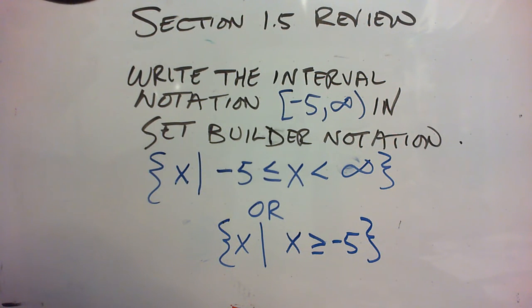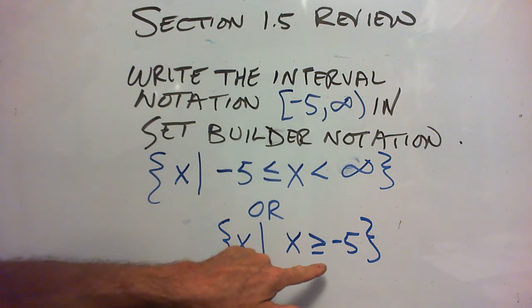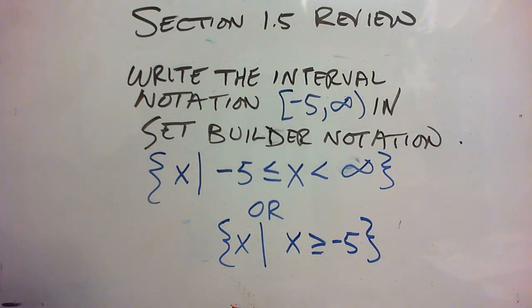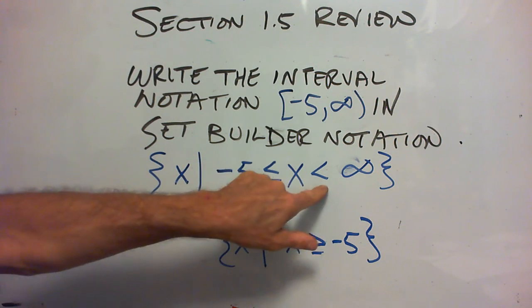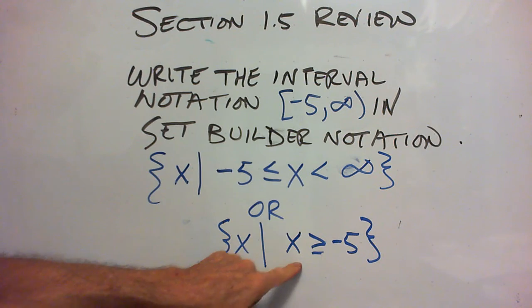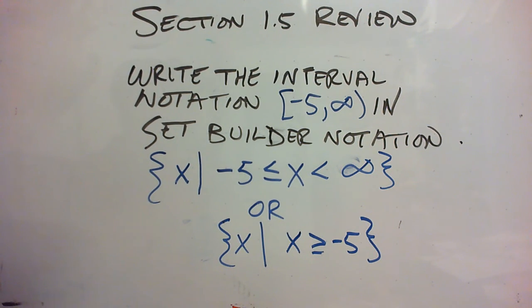And that's actually a better way of writing this answer. It's a little awkward to have this double inequality with infinity. In this case, just write it that way. Either answer is correct.